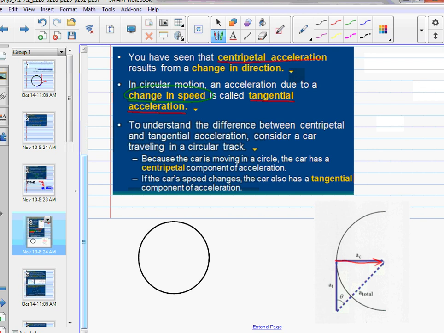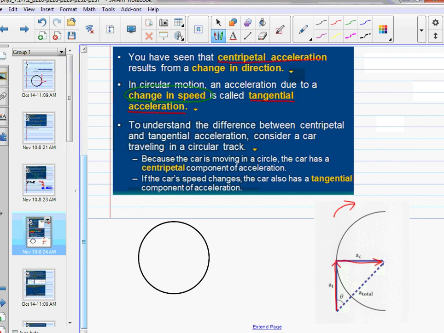If the car's speed changes, now this car happens to be moving in a clockwise direction, I guess, the car also has a tangential component of acceleration. So they drew their arrow right here. They actually did this one first. So we have a car that is accelerating linearly, tangential, and turning a corner, centripetal.